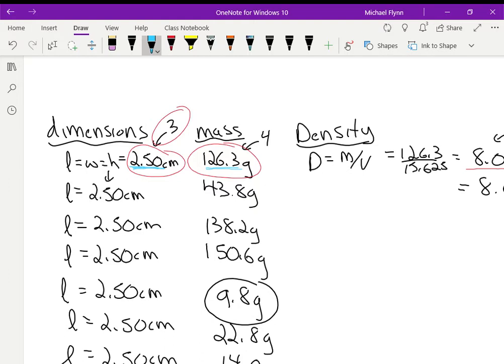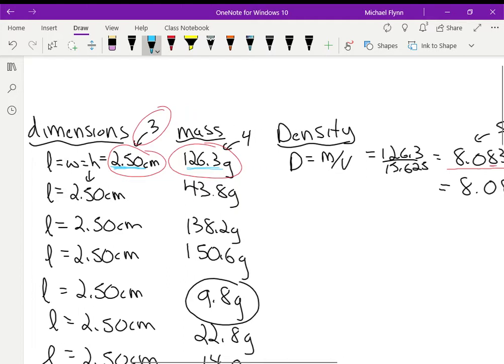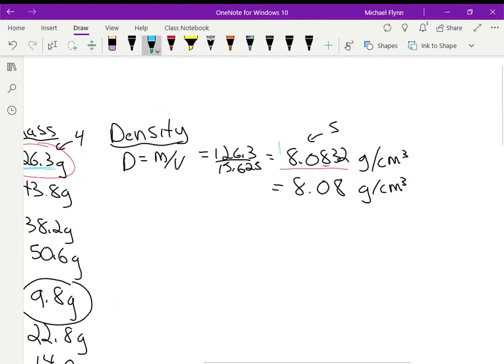When I do a calculation to find density, my answer cannot have more precision than my measurements. This number has 5 digits in it, but we have to round it so that it only has 3 digits of precision. So I round it to 8.08 grams per cubic centimeter. We'll talk more about precision and what are called significant digits another time.